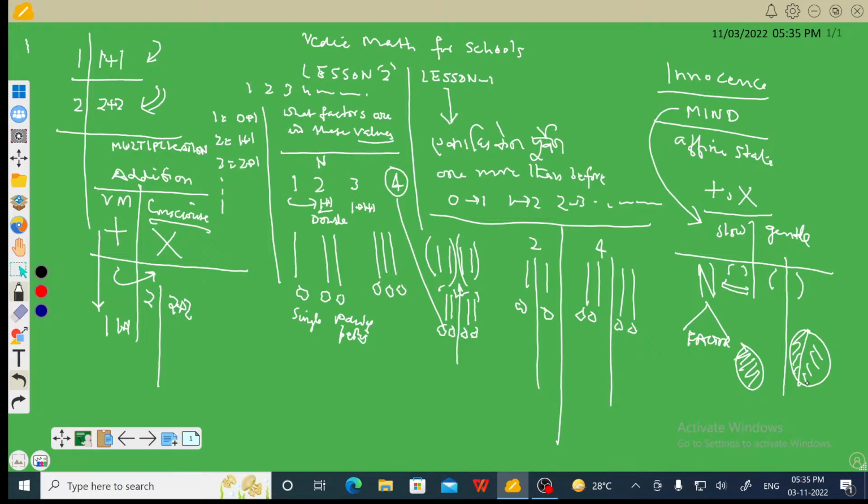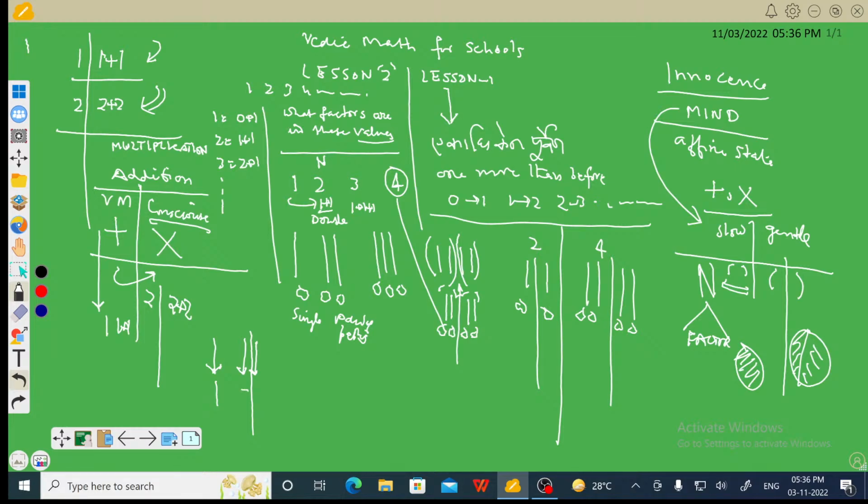For the young minds it is a big attainment. We are reaching from the mathematics of 1 to the mathematics of 2, and this 2 as a pair of parts.